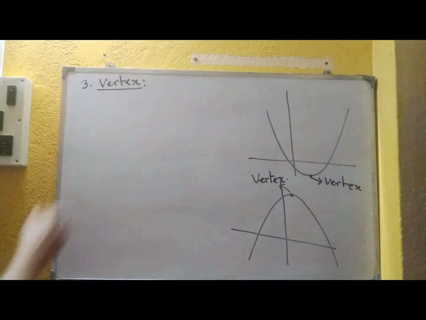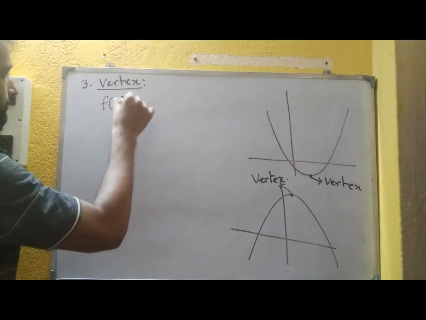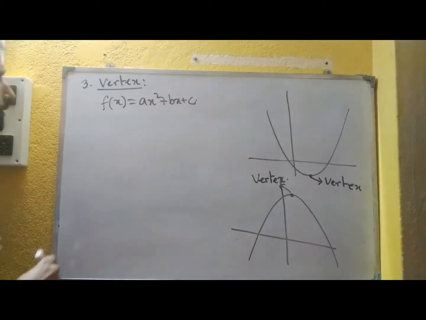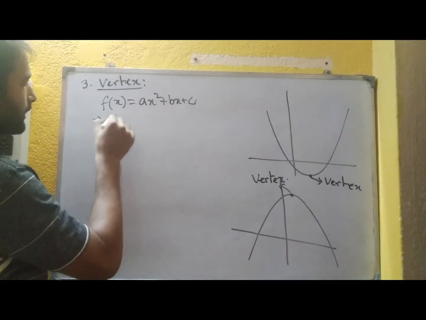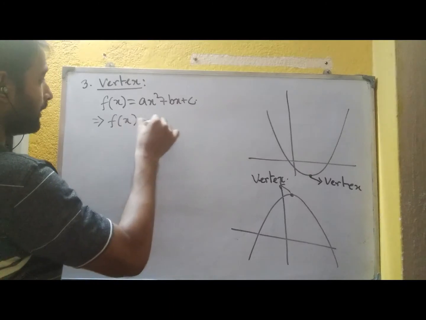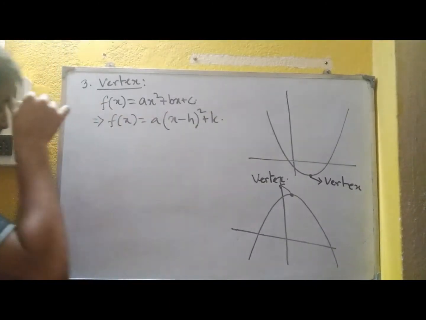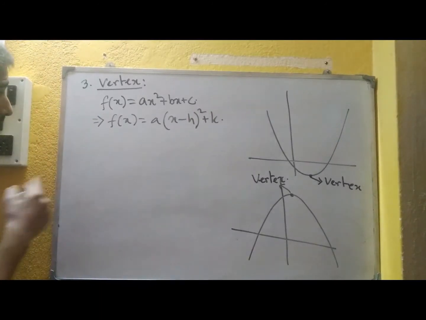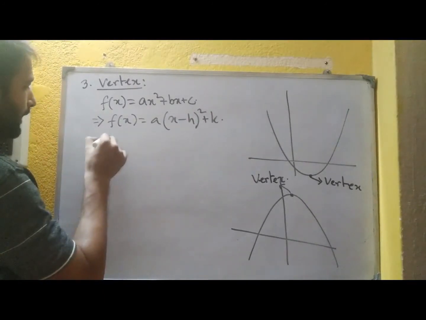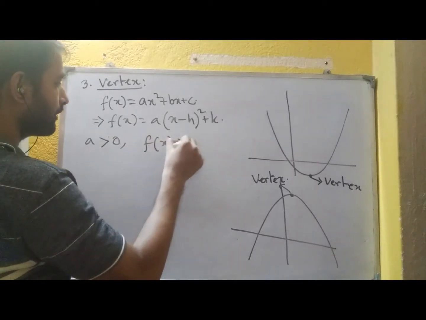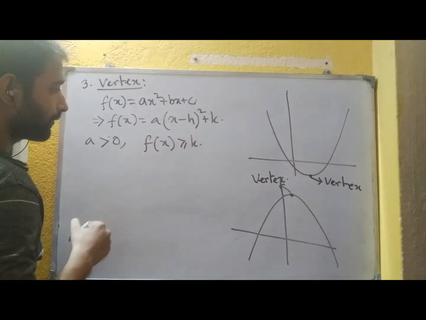We have already seen that the expression is f(x) equals ax square plus bx plus c. First of all, we are considering the expression f(x) as a into x minus h whole square plus k. Now if this is the expression, we have already seen that if a is greater than 0, then f(x) is greater than or equal to k.